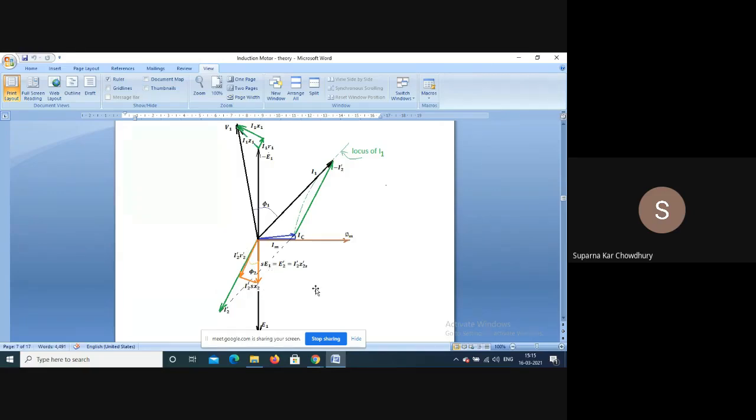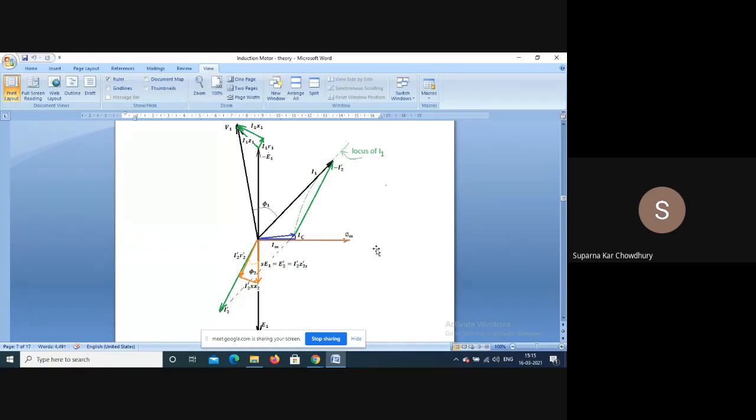As we load the machine, what will happen? The slip s increases. That means the frequency of the rotor circuit, sf, also increases from no load to full load, but that change is very small.